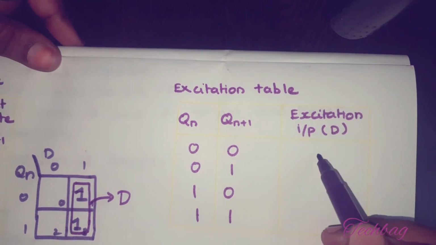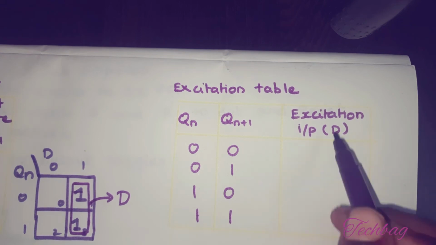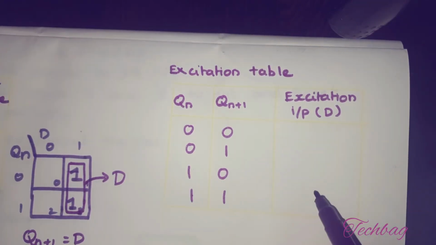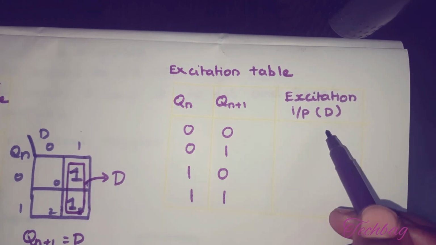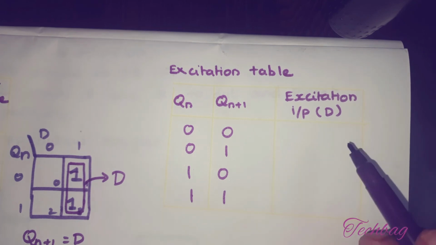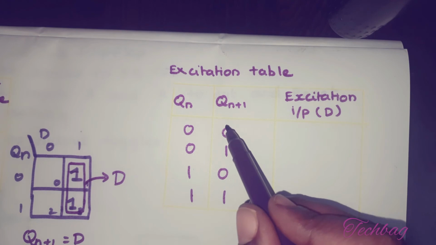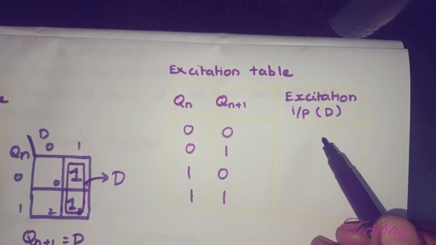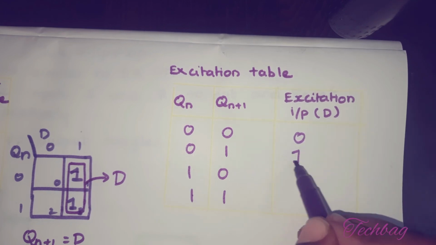And excitation input, for all other flip-flops, we can write by knowing the characteristic table. But here we can easily write this because in D flip-flop, your excitation input, that is D input, is equal to next state. So what is in the next state should be given on the input.